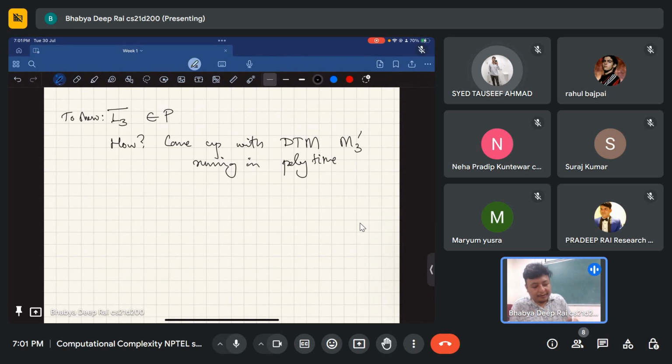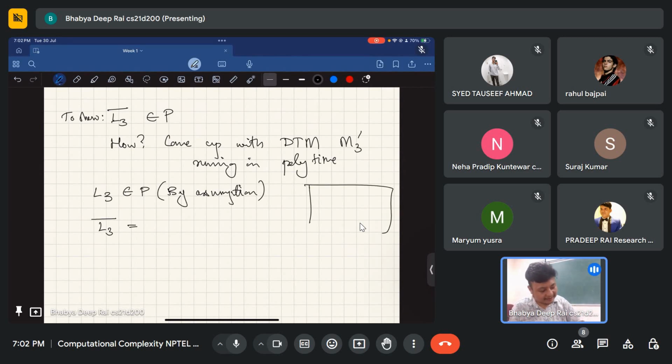Good. Now, L3 is in P by assumption, by the question itself. This is known to us. Now, what is L3 bar? It is the bigger set. This is the set of all strings, sigma star, which is {0,1} star, and here is the set L3.